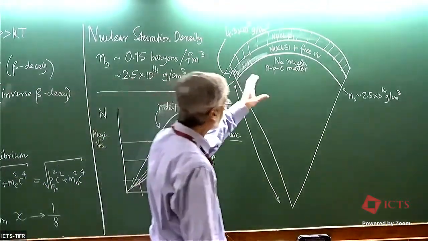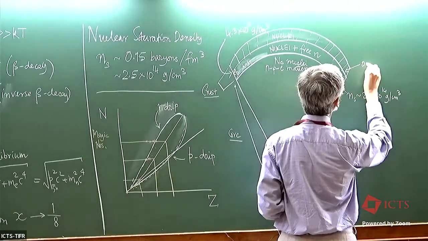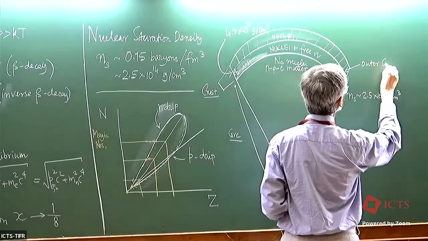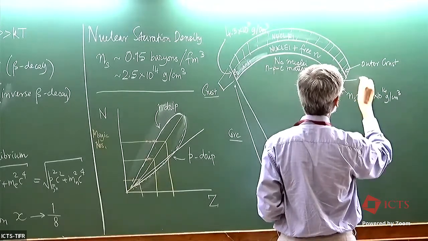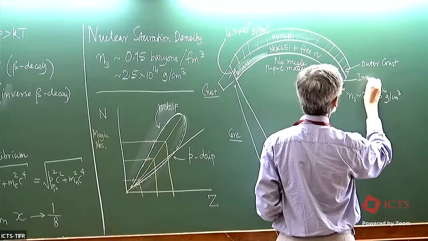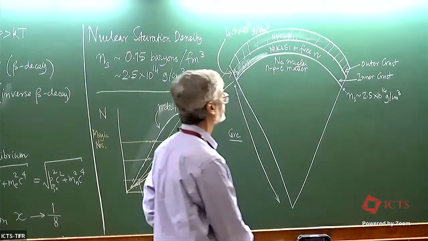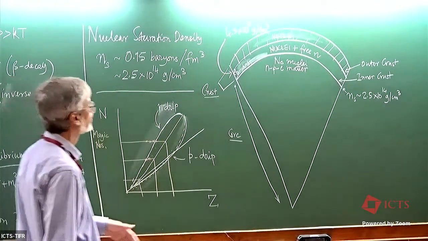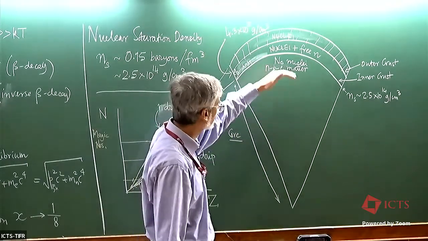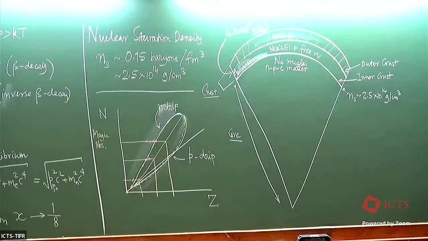And of the crust, this part will be called the outer crust, where no free neutrons are present, and this is the inner crust. And later on, at higher densities, you now have a mixture of neutrons, protons, electrons with no nuclei present.